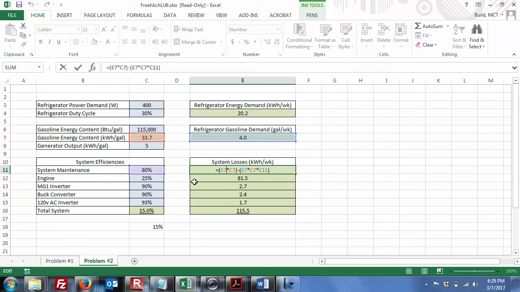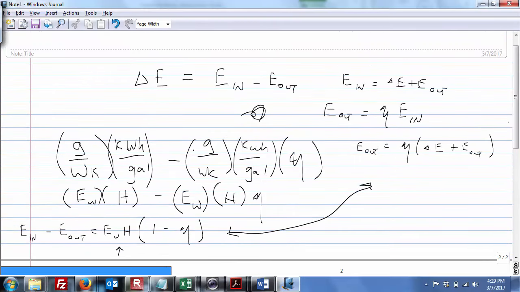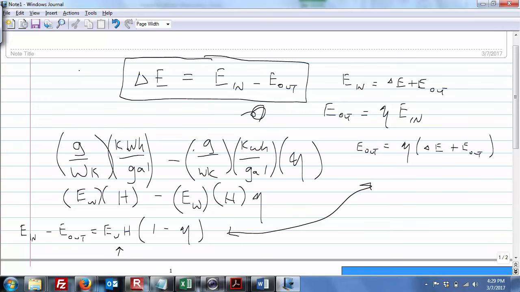Yes, there's a couple different ways to write that. What you're looking at is the energy in, your gasoline in, minus the losses. The change in energy, this delta E, is your loss. Your loss is whatever comes in versus what goes out.